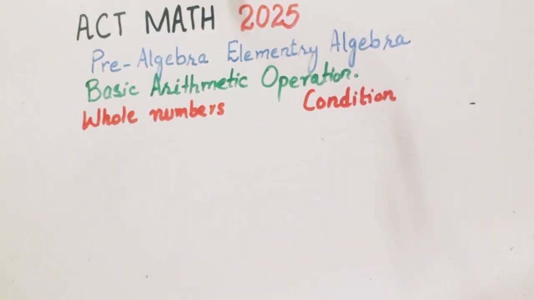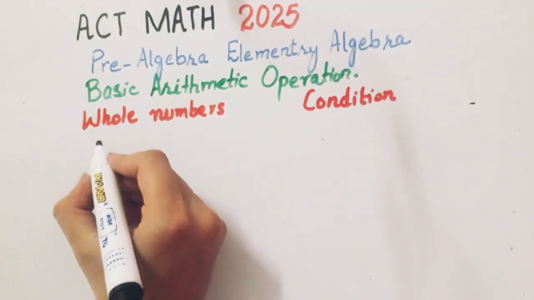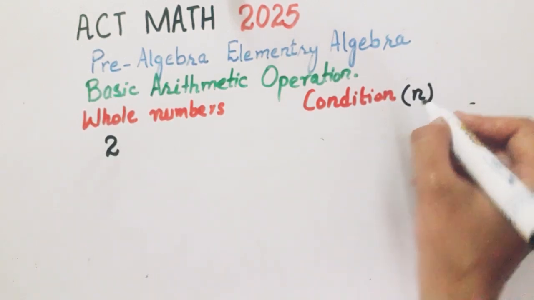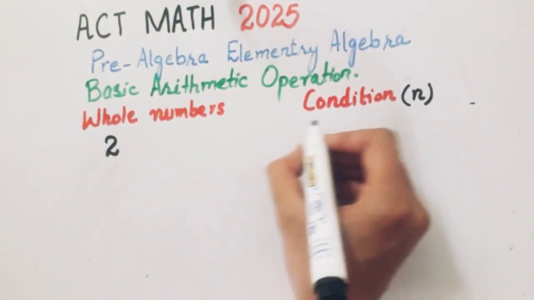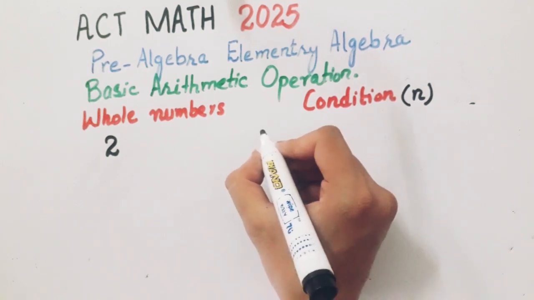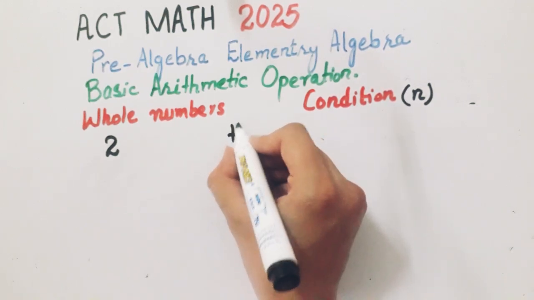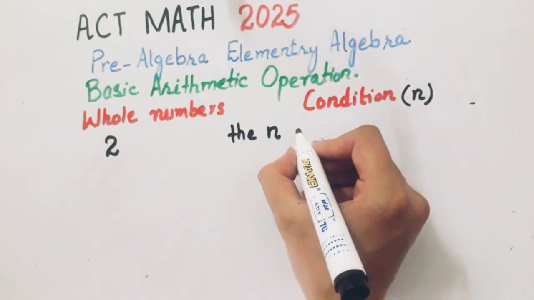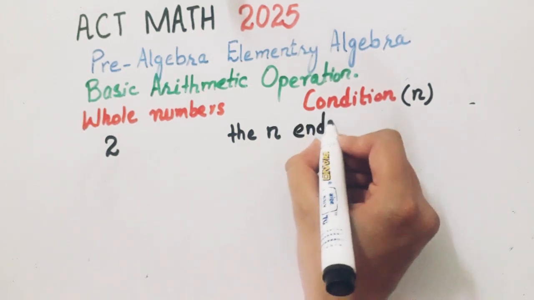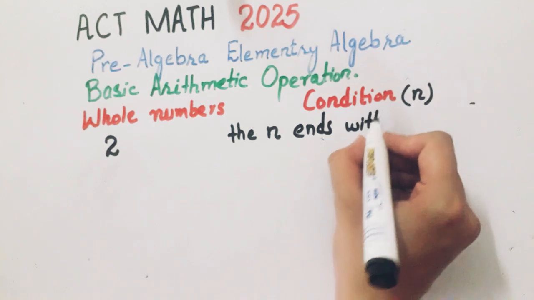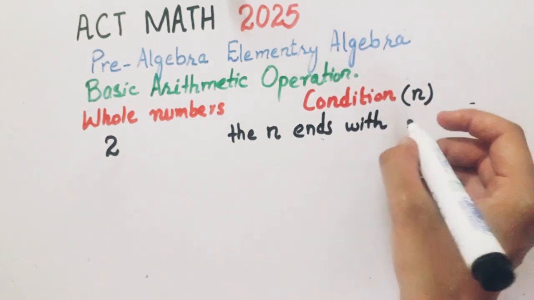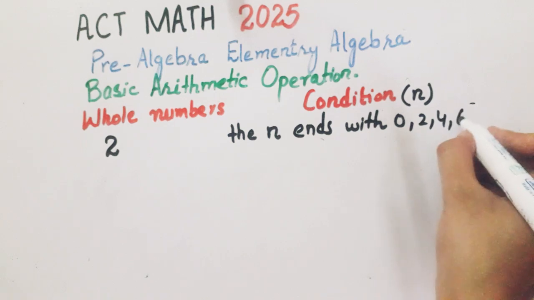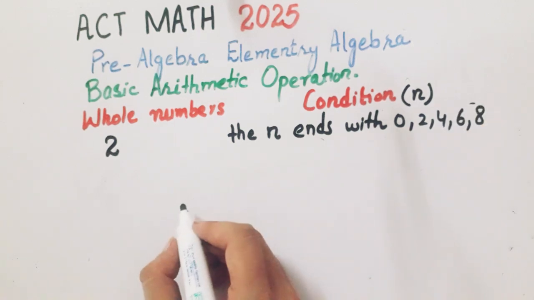So let us consider whole number 2. The condition for n is that the number n ends with 0, 2, 4, 6 and 8.